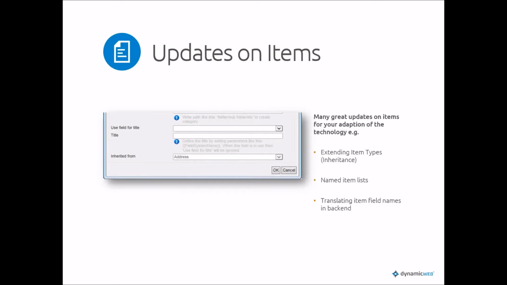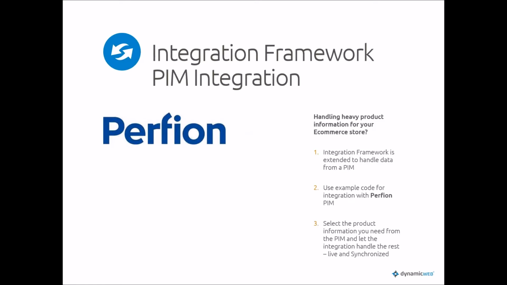And they are optimized for having a lot of items stored. So if I need to store a lot of information, named item list is the way to go. And they can of course be published with the item publisher and so on. And also it's possible now to translate the item labels, so the administration can translate the item field definitions like the rest of the user interface in Dynamicweb.